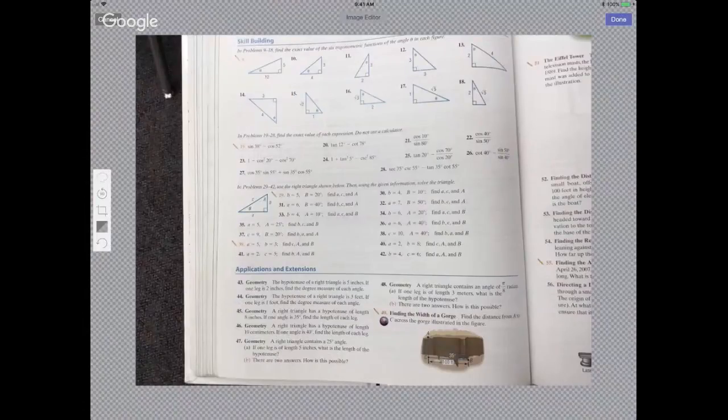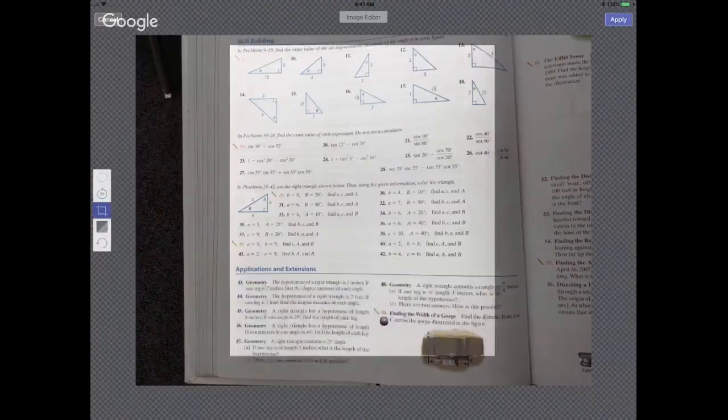So first, grab a shot here on this side. Some of the basic stuff.